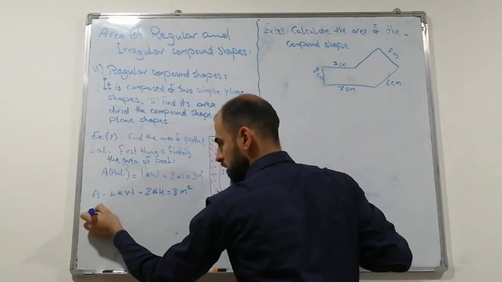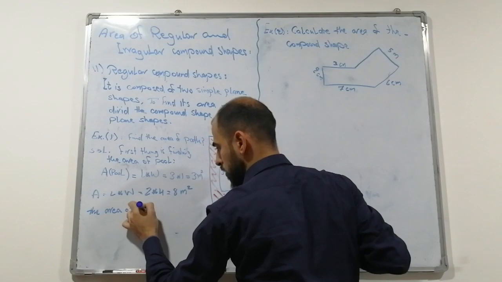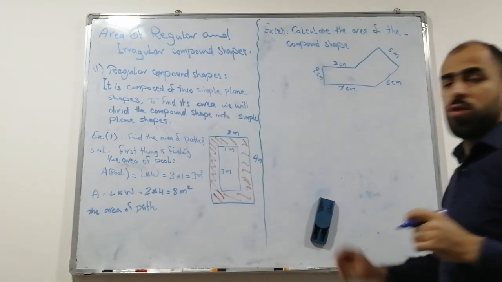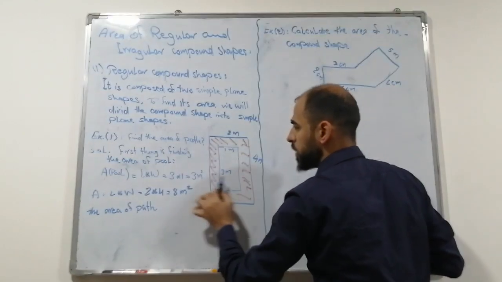So the area of the path, as we said, we get by subtracting the area of the pool from the area of the whole place.